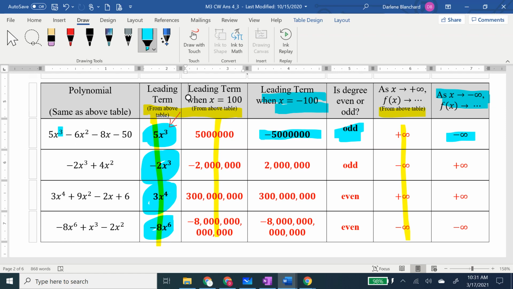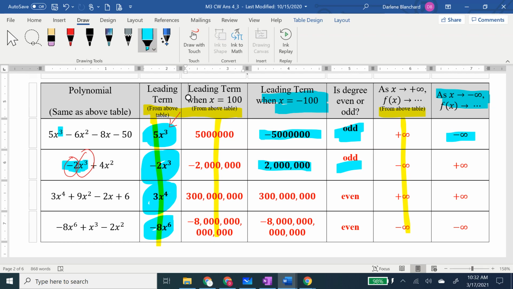And I want to show you that with the second polynomial, it is also an odd degree polynomial. So when I plug negative 100 into x, instead of plugging in positive 100, it actually makes the number come out positive because I am multiplying a negative number with another negative number.